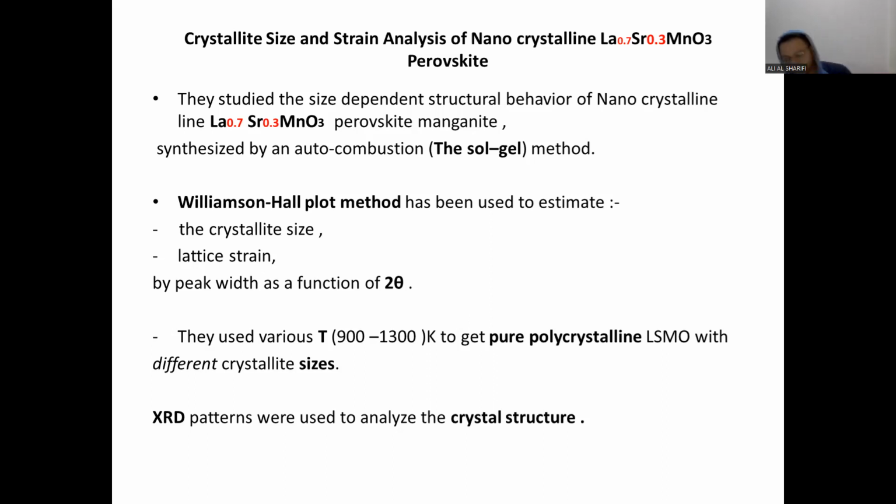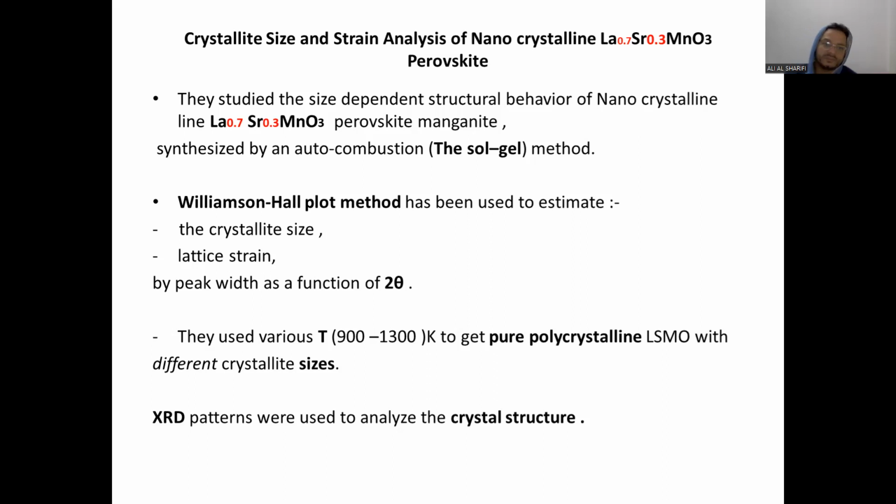This is related to my topic. We will use here some important information about the change in the size-dependent structure. They used the sol gel, a chemical process to produce pure perovskite oxide. It has some advantages, like low cost and lower temperature than other processes.